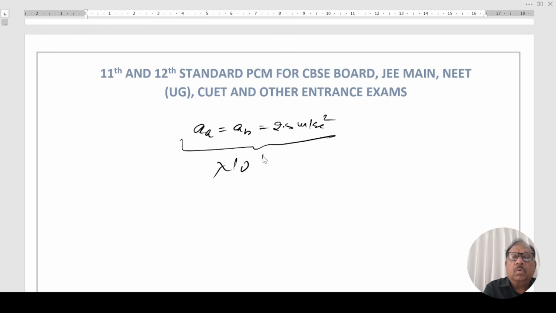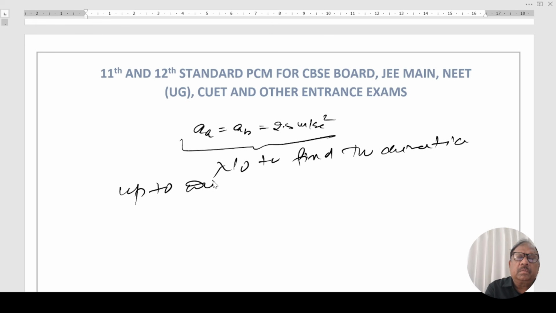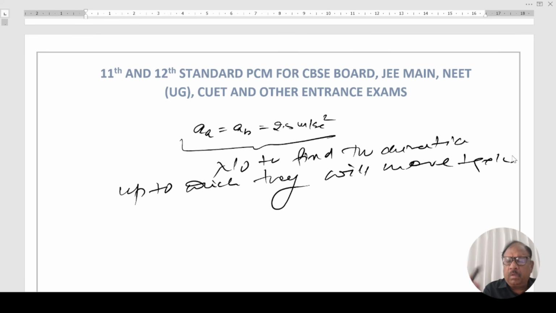Now, to find the duration up to which they will move together: a equal to the limiting force F divided by m_A plus m_B.